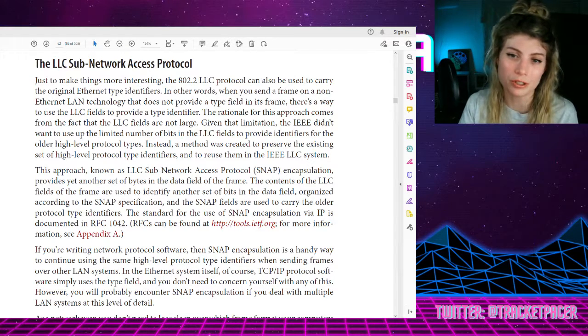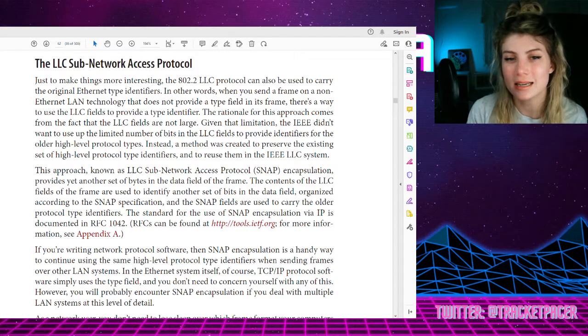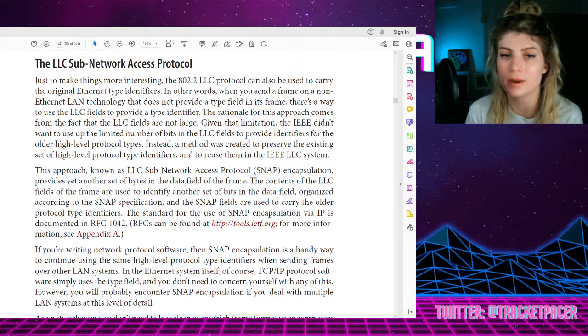The rationale for this approach comes from the fact that the LLC fields are not large. Given that limitation, the IEEE didn't want to use up the limited number of bits in the LLC fields to provide identifiers for older high-level protocol types. Instead, a method was created to preserve the existing set of high-level protocol type identifiers and reuse them in the IEEE LLC system. Interesting.